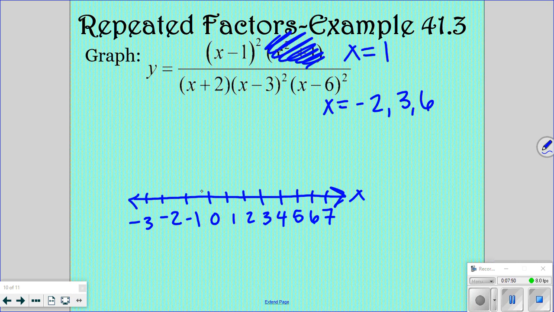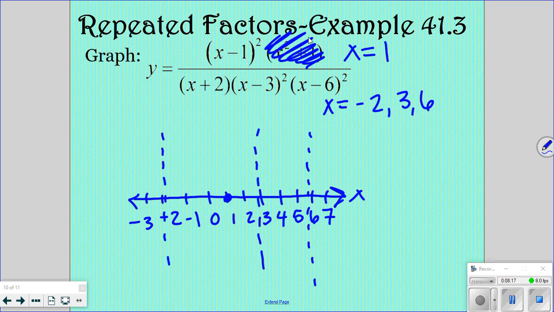So we're going to put a dot at 1. And then we're going to put an asymptote at -2, sorry. At 3. And at 6. And so now you need to plug in a number to the right of 6. So pick 7. And you just need to check and see, is it positive or negative, to know whether you start above or below the x-axis.